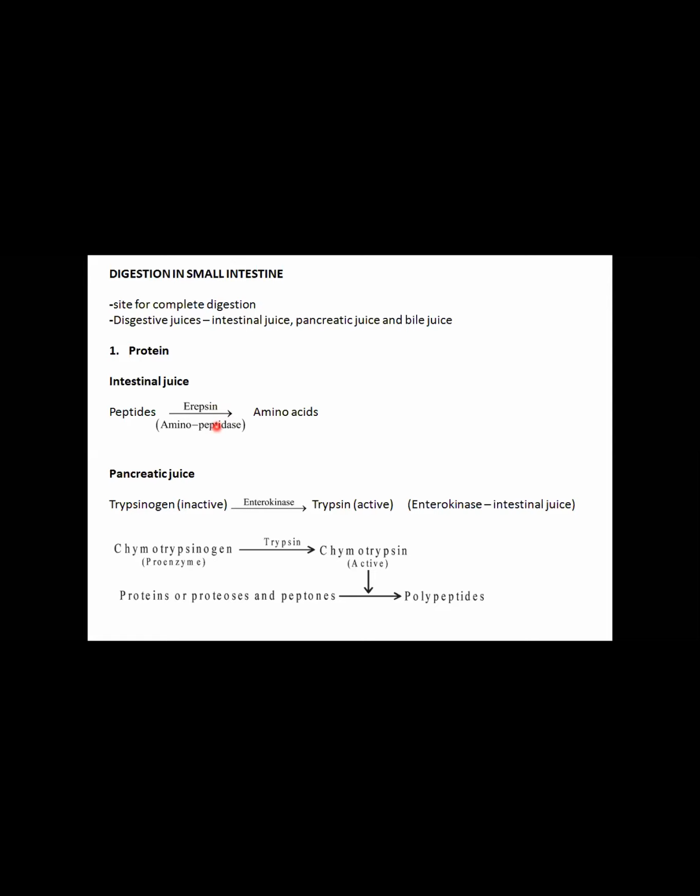Erepsin and peptidase, both the names are one and the same thing, just terminology is different. So intestinal juice में कौन सी enzyme present है? Erepsin और peptidase enzyme. This enzyme will act on peptide and convert them into amino acid, which is the simplest form of protein. Amino acids are the simplest form of protein.